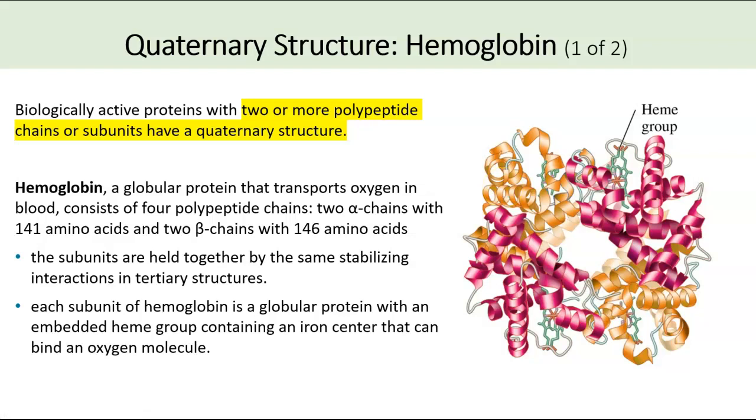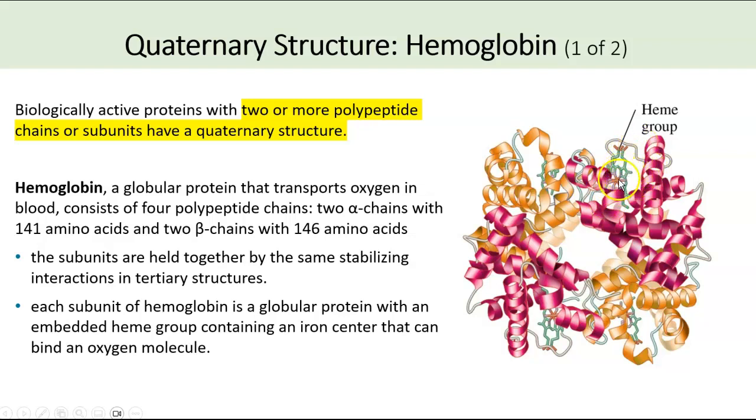Each subunit of hemoglobin is a globular protein with an embedded heme group. The heme group has an iron center that can bind the oxygen molecule. This is an amazing creation by nature itself, because this hemoglobin protein is one of the most important proteins for our biological functions, right? Without hemoglobin, we can't exist because oxygen is needed for any living being.